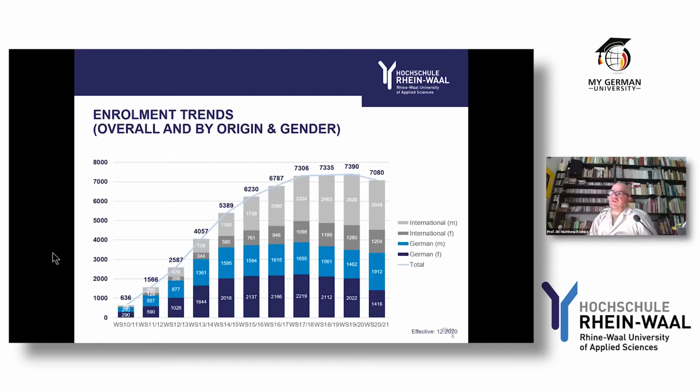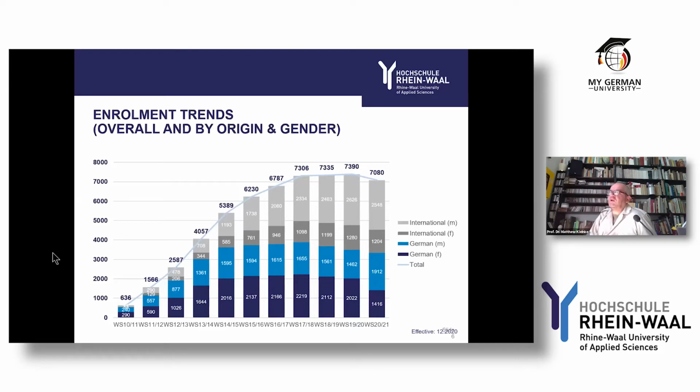Let me show you a bit how we developed. You see here the different semesters over the last 10 or a bit more than 10 years, and you see that we have now reached more than 7,000 students. This is a size we want to stay with. We had a very sharp development during the first years.